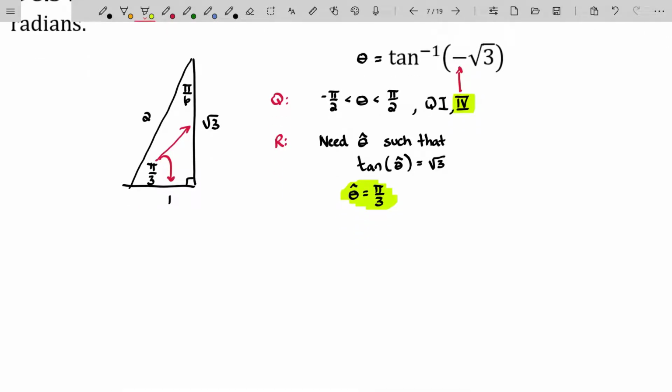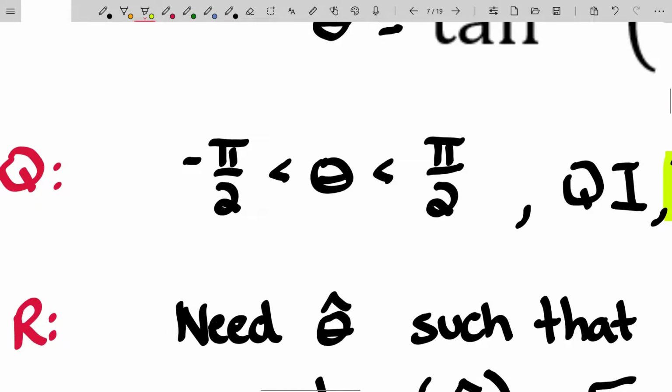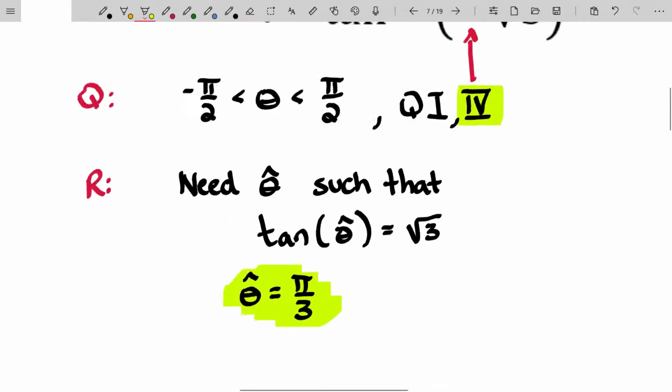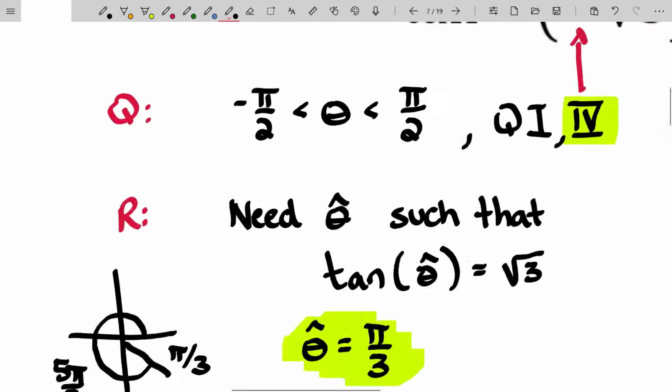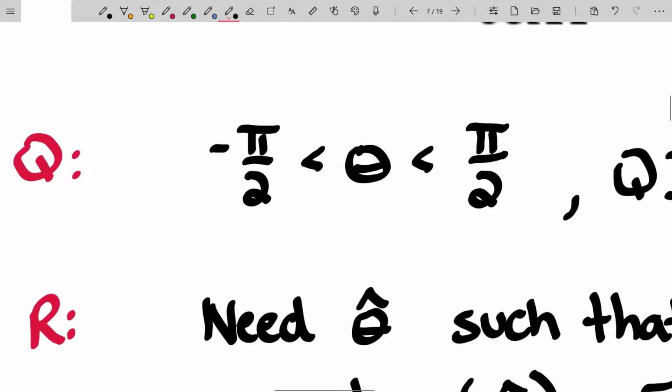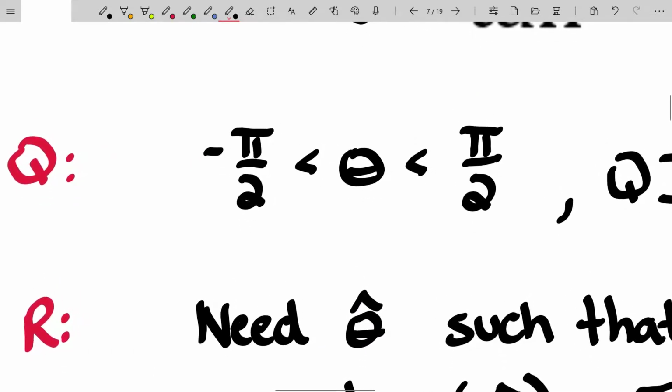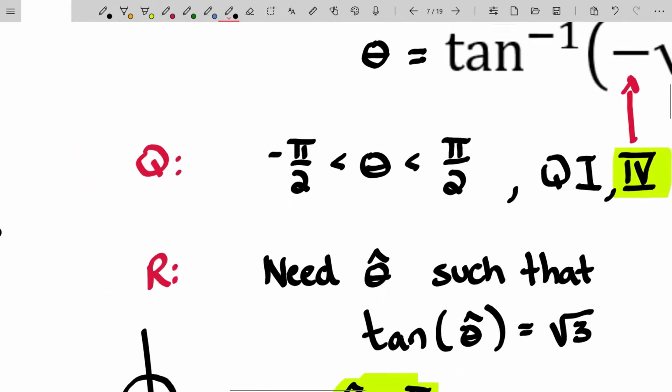This is why I tell my students, please make sure you write out that inequality. Some students say, oh, quadrant 4, great, a reference angle of pi over 3 means my actual angle is 5 pi over 3. You would be wrong if you said the tangent inverse was equal to 5 pi over 3, because the tangent inverse can't return an angle beyond pi over 2, and 5 pi over 3 is well beyond pi over 2.